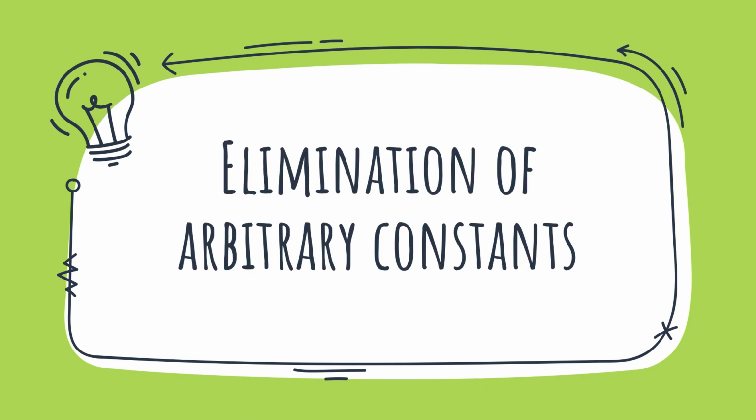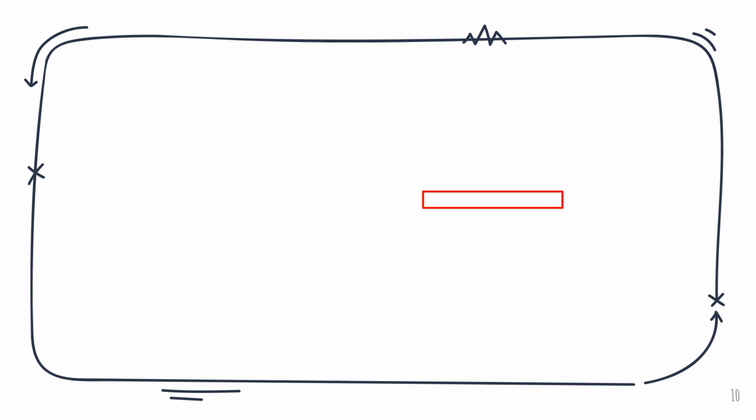So, next naman natin ay ang elimination of arbitrary constants. So, basically, dito sa elimination of arbitrary constants, ang pinaka-concept lang dito ay kung ilan ang arbitrary constants natin sa given equation, given problem, ay ganun din kadami natin i-derive ang problem.